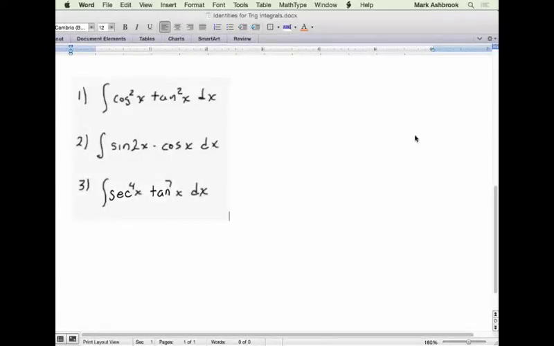Here we go. So the first one, let me jot down some techniques down here. What is it? Shoot.